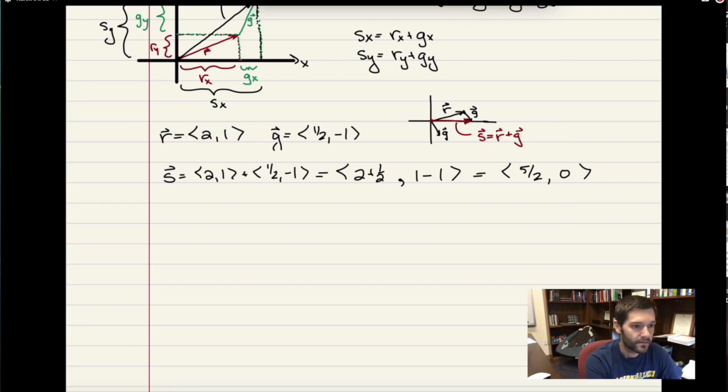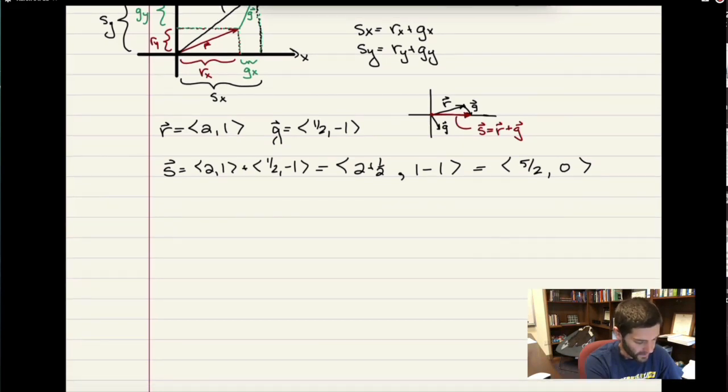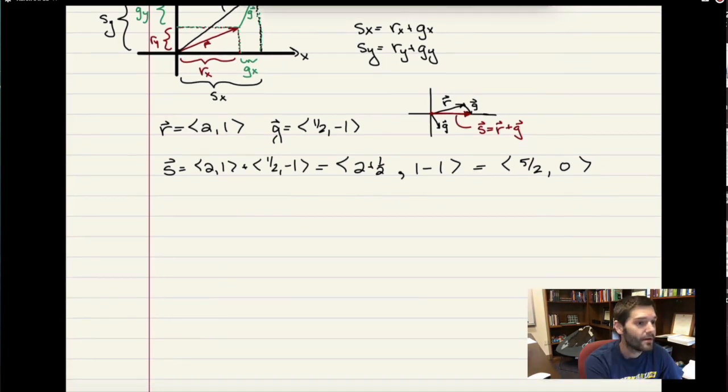Let's see. Now, hopefully you like the Pythagorean triangles, and hopefully you also like SOHCAHTOA, because now let's think about how we might get, so we've seen how, given components, you can get the magnitude.